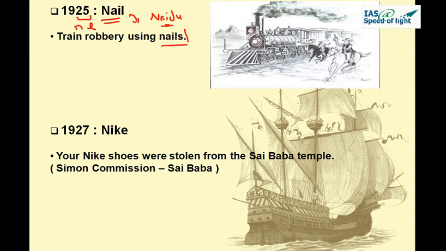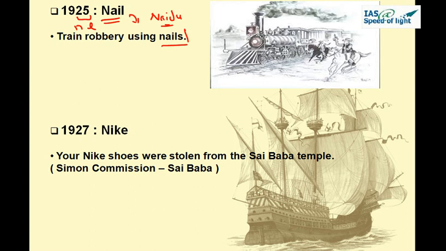See this picture here, where these people are robbing this train using their nails. Okay, nails are important, and see them in broad picture. Okay, big nails. So with nails, you are robbing the train. We have the Kakori rail robbery. Okay, it happened in 1925. Also nail, we are linking it with train robbery.